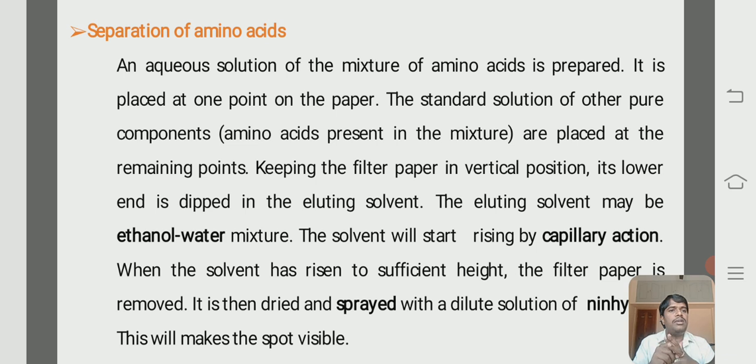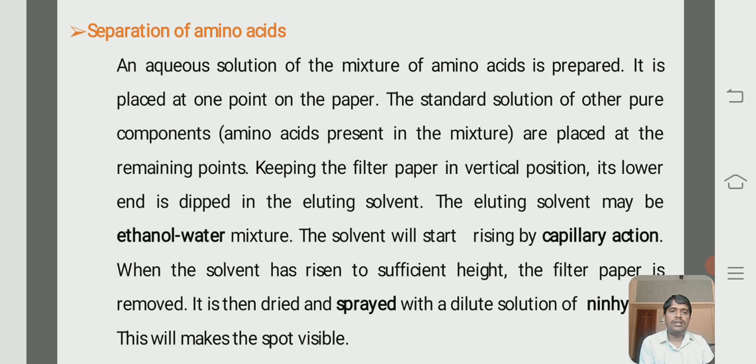Keeping the filter paper in vertical position, its lower end is dipped in the eluting solvent. The eluting solvent may be an ethanol water mixture. The solvent will start rising by capillary action.